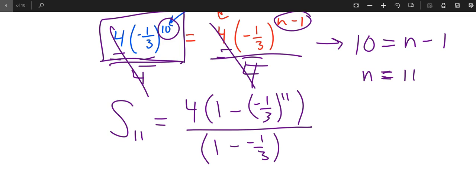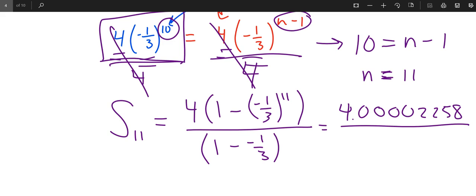So the numerator, 4 times 1 minus negative 1/3 to the 11th. So I get this really weird decimal, like there's like 4 zeros and a 2258, and of course on the bottom there I've got, let's see, 1 plus 1/3, so that's like 4/3.